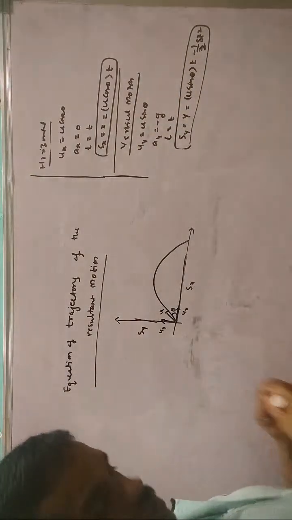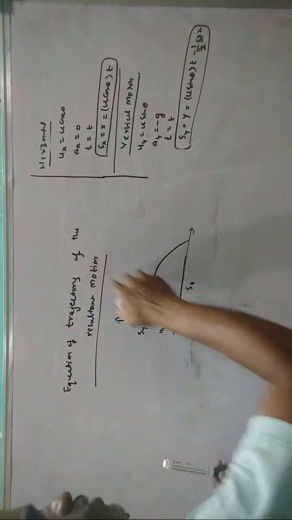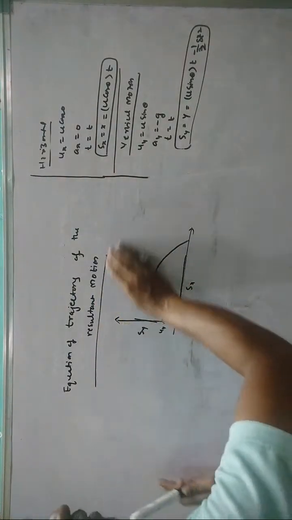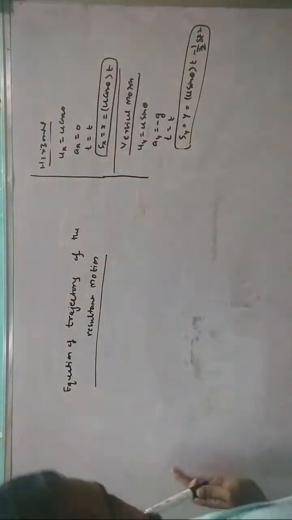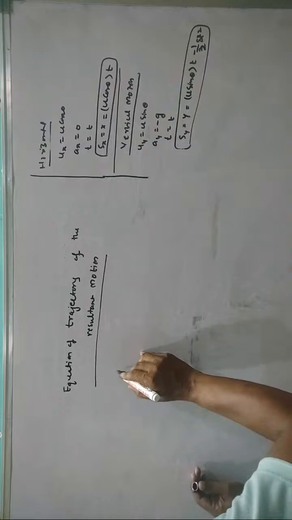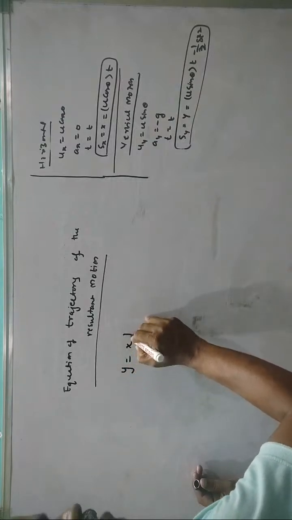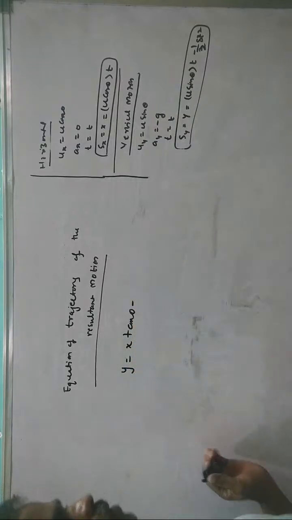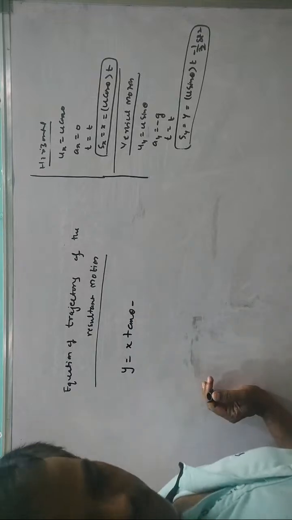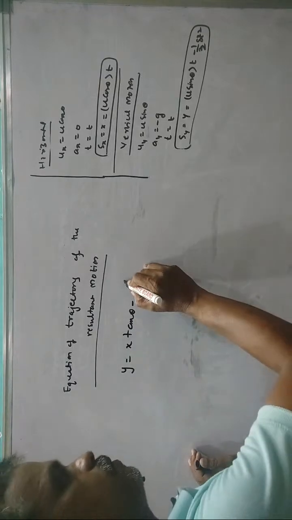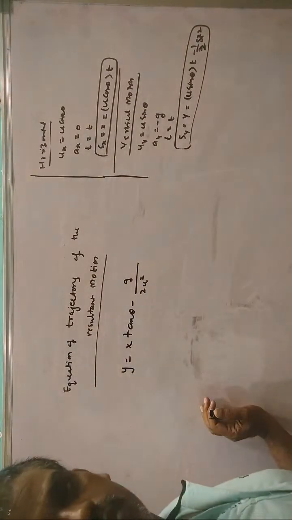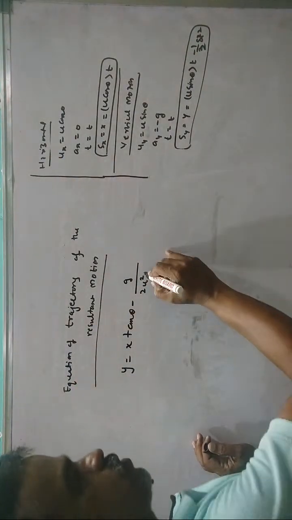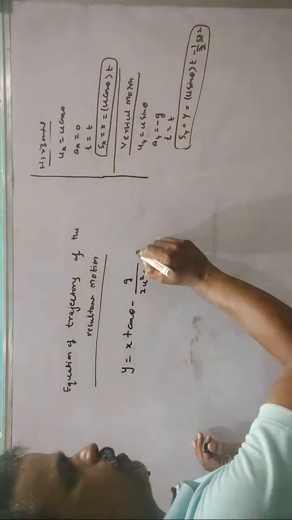So what I want now is the resultant motion, horizontal plus vertical. The trajectory of the resultant motion equation will be y equal to x tan theta minus g by 2u square cos square theta x square.